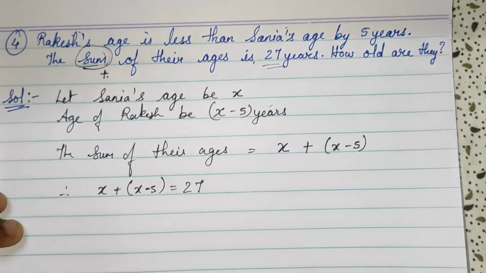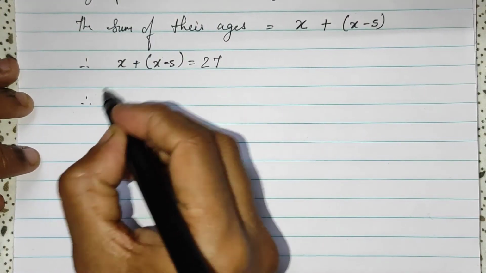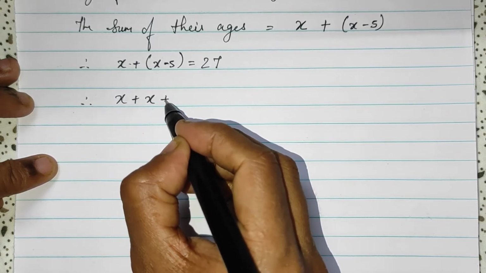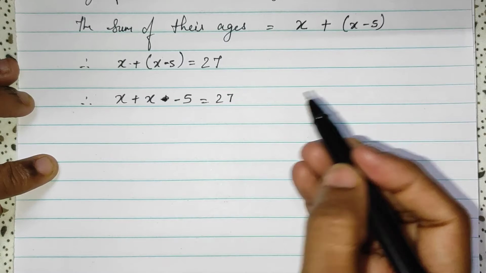Now let's solve this equation. So x plus, we will open this bracket, then 27.